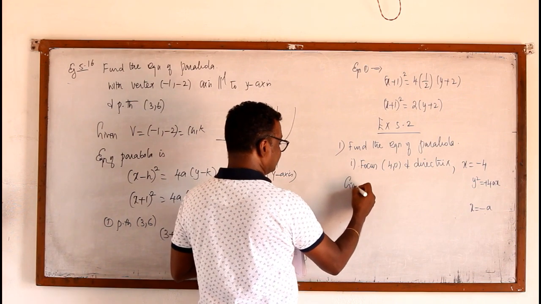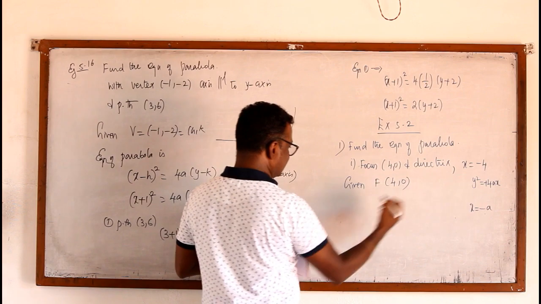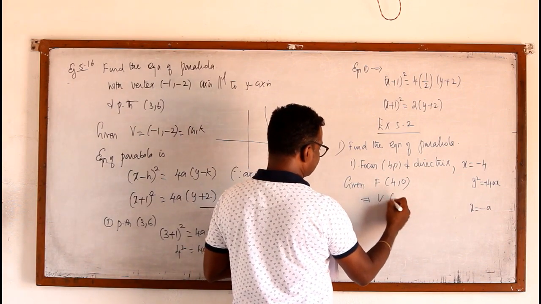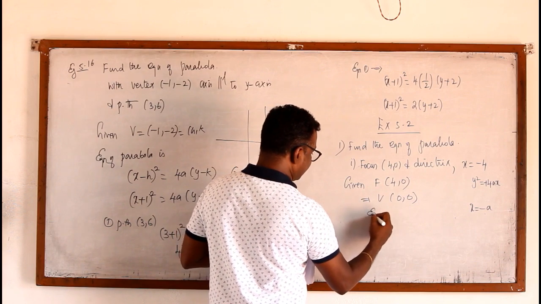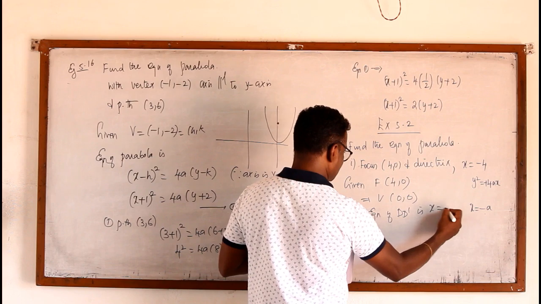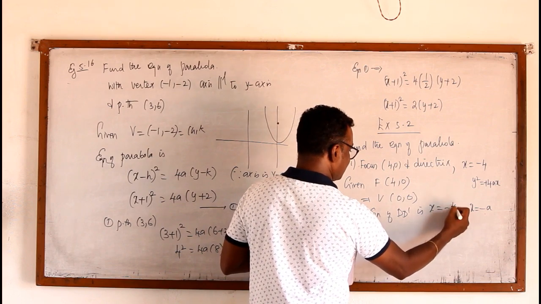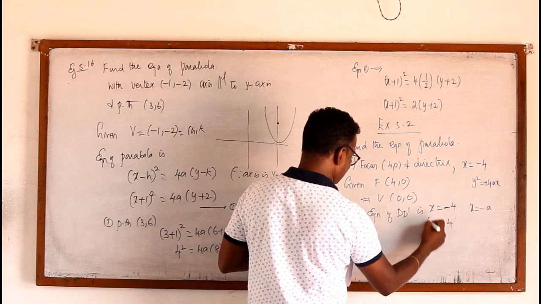Given focus, we have no need to use the focus. Straightly we can say this implies vertex is (0, 0). Given equation of directrix is x equal to minus 4. So x equal to minus a form, a equal to 4.